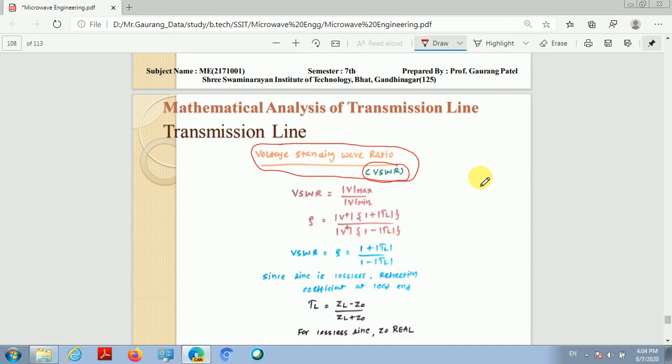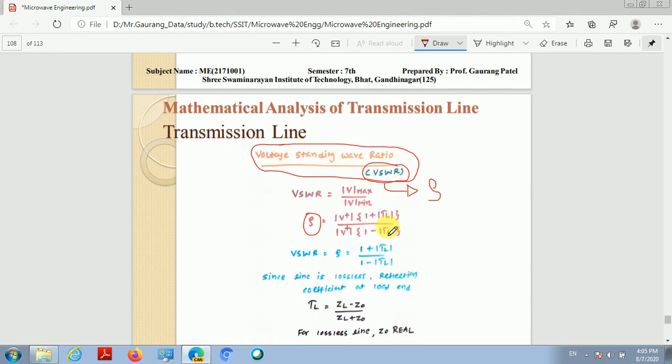VSWR is the ratio of maximum voltage to minimum voltage on the transmission line, and it is denoted by the symbol rho. So rho is nothing but the VSWR on the transmission line.